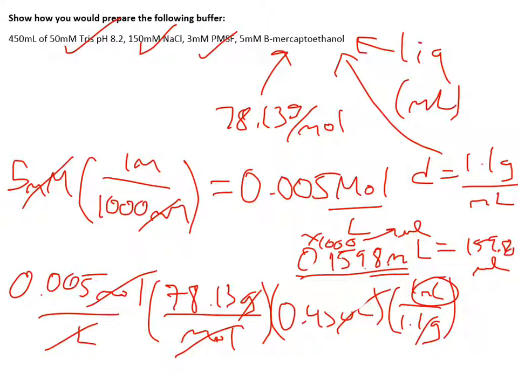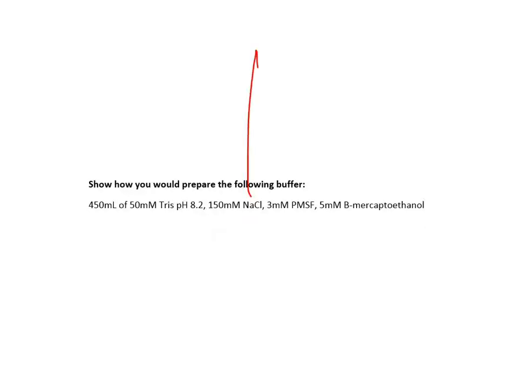Okay, so we have solved all of the components of this very complex buffer. And so let's talk about how we're actually going to make this buffer. So our buffer, recall, is a complex buffer. We have multiple components in our buffer. We need to weigh out Tris.